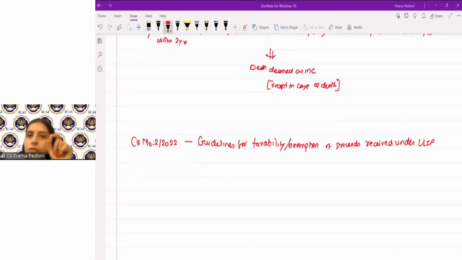Now, how would you determine the exemption? Let's say the assessee has received the consideration during the previous year under the ULIP and the premium does not exceed 2,50,000. Then there will be exemption under 10(10D). If the premium is not exceeding it, there will obviously be exemption under section 10(10D).